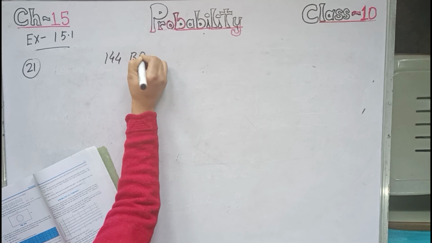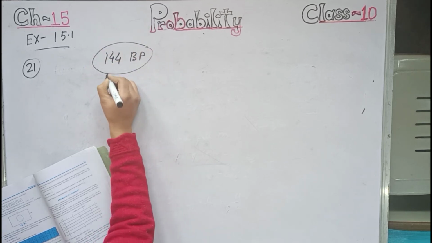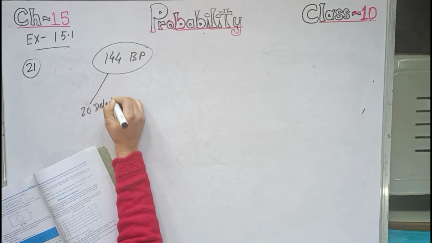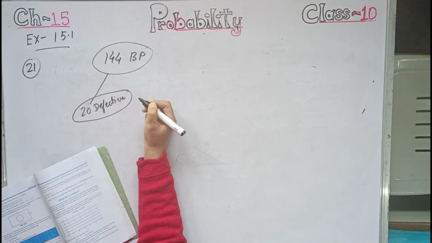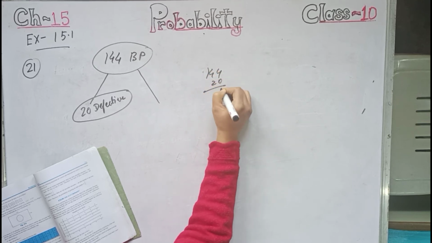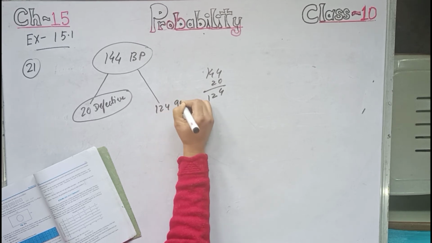And the others are good. So 144 minus 20, that is 124 is good.